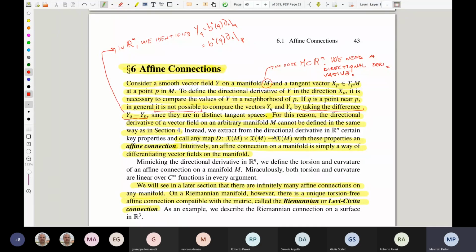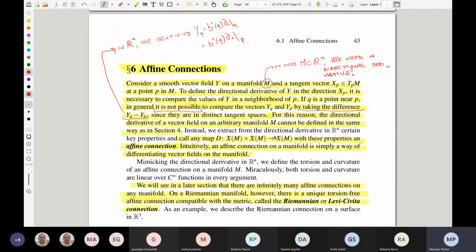But what we can do, since we are mathematicians, is to take the properties that the directional derivative, let's say the parallel transport, in Rn satisfies, and ask in some axiomatic sense for a similar object on a general manifold.